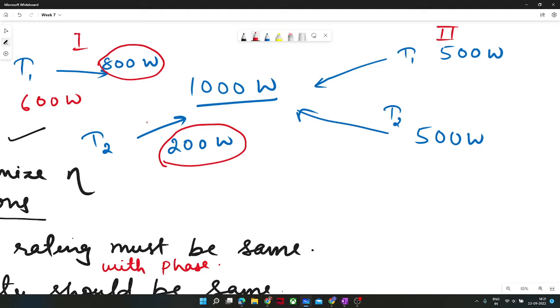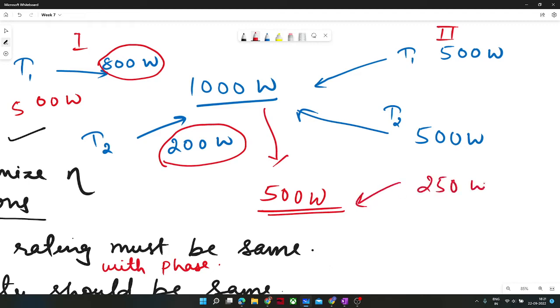In other words, if let's say the load had dropped to 500 watt, and the rating of both transformers is also 500 watt, we should not cater 250 watt from one and 250 watt from the other. It is not an efficient way.